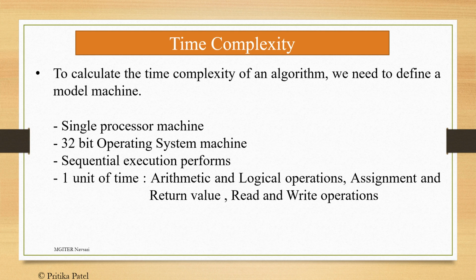It requires 1 unit of time for arithmetic and logical operations. It requires 1 unit of time for assignment and return value. It requires 1 unit of time for read and write operations. So these are the configurations of the model machine.